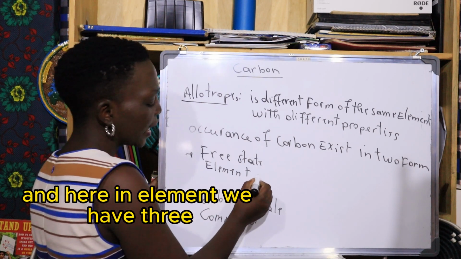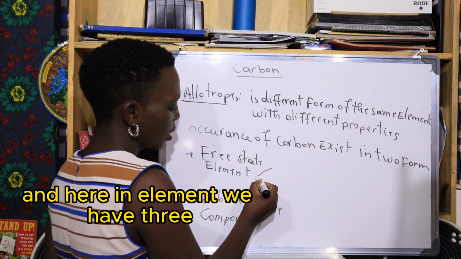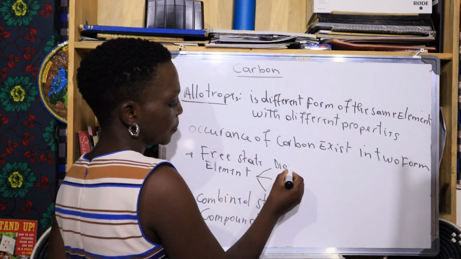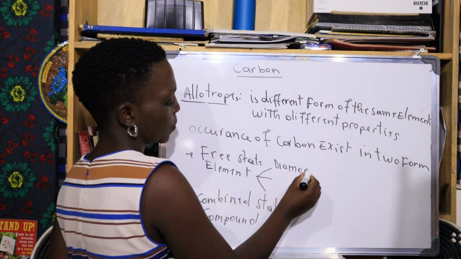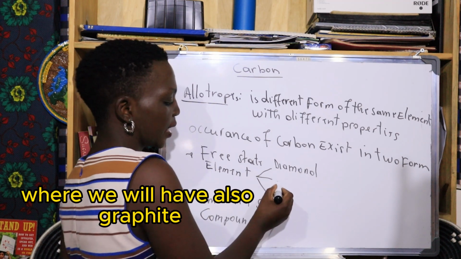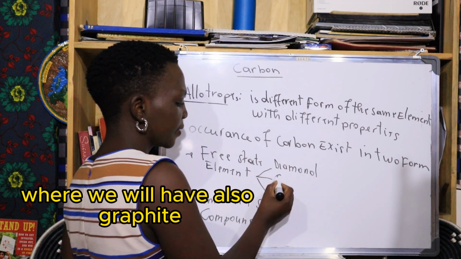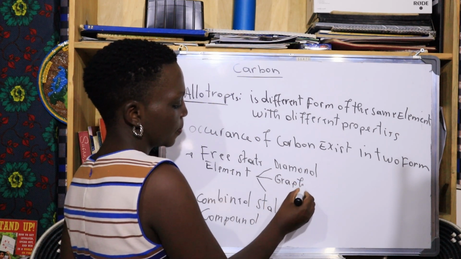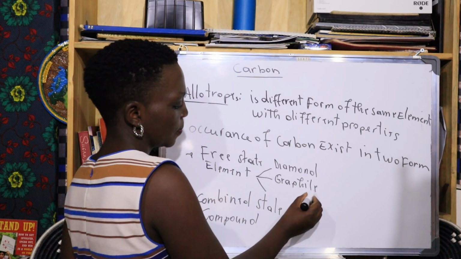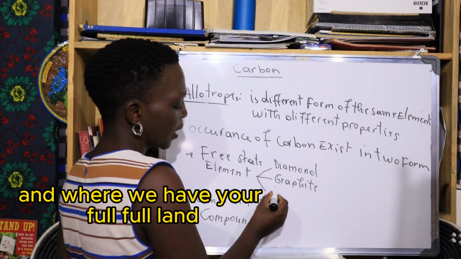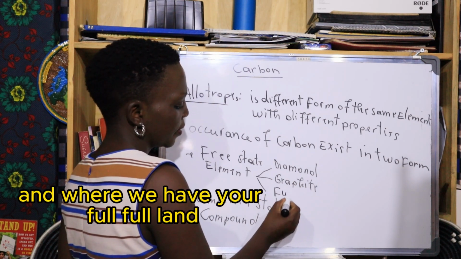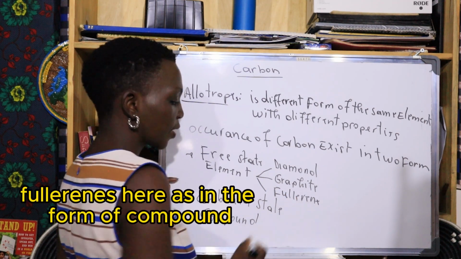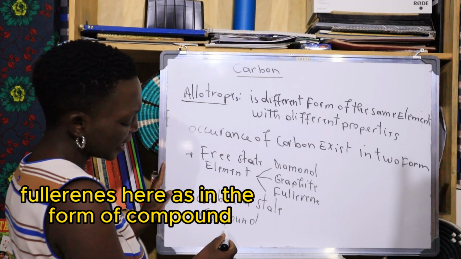In the element we will have 3: diamond, graphite, and fullerene.